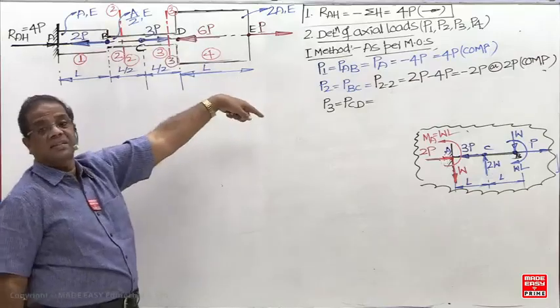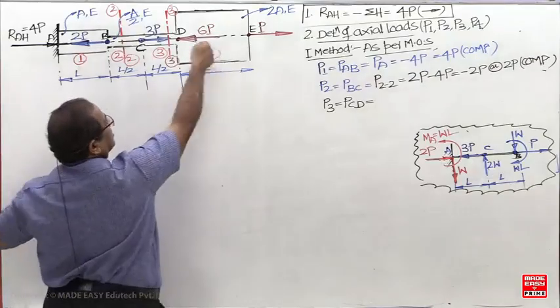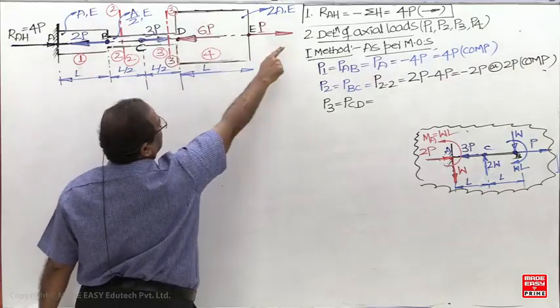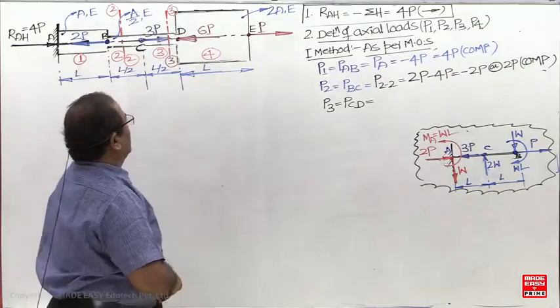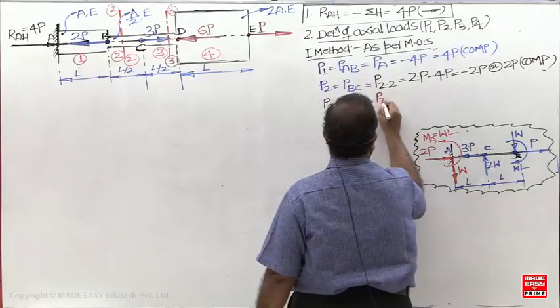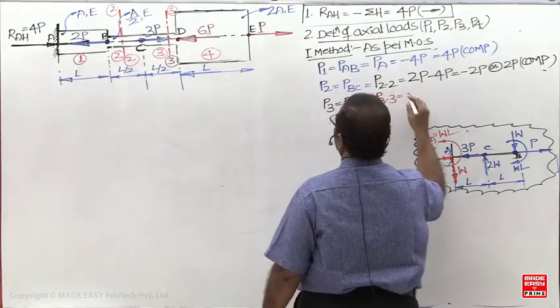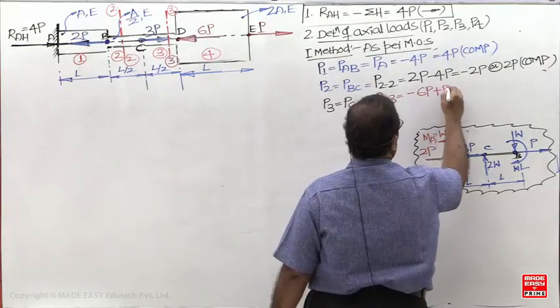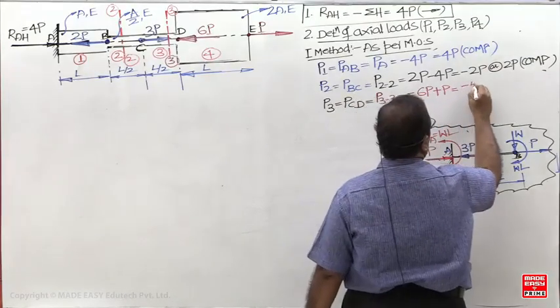Right side is better, because on the right side there are only two loads. Is this compressive or tensile? This is compressive, this is tensile. So what is the value? Minus 6P, so minus 5P.